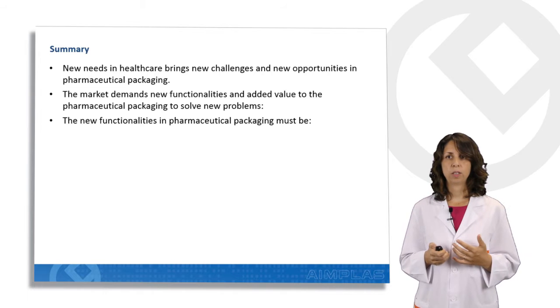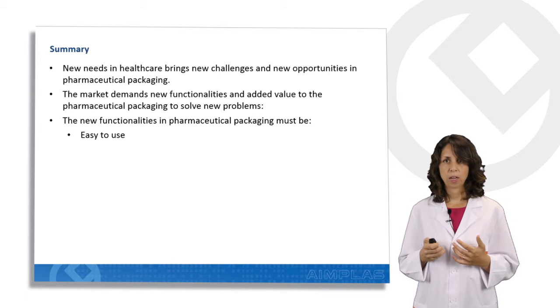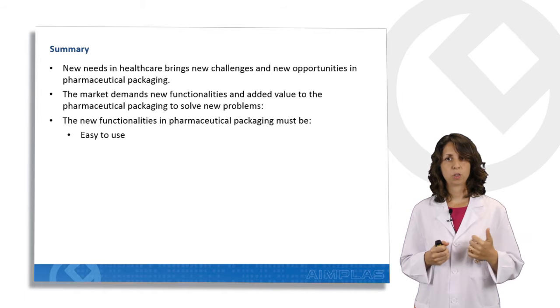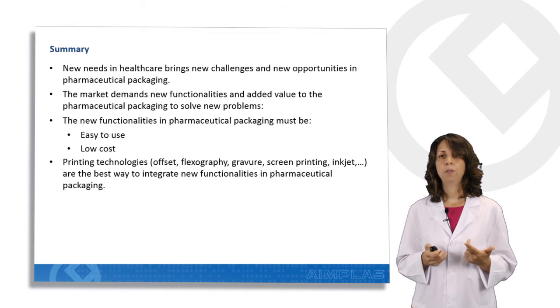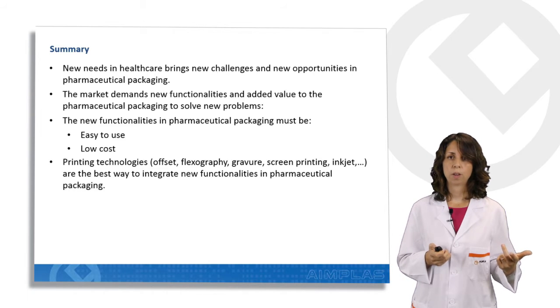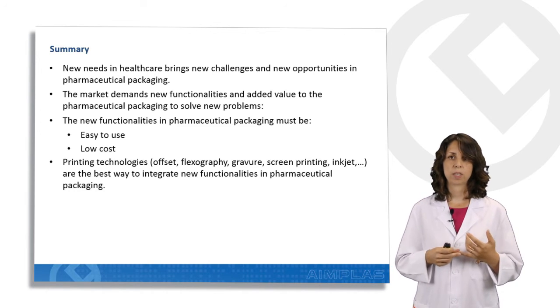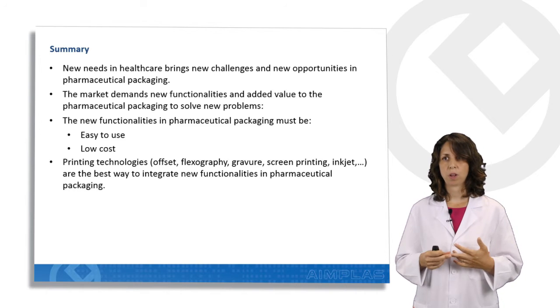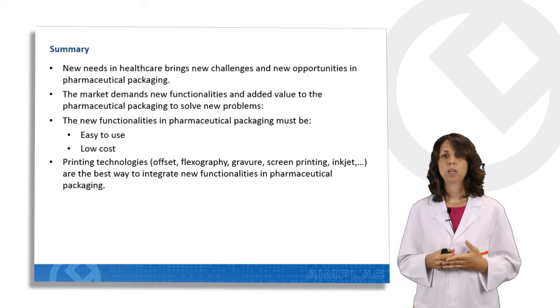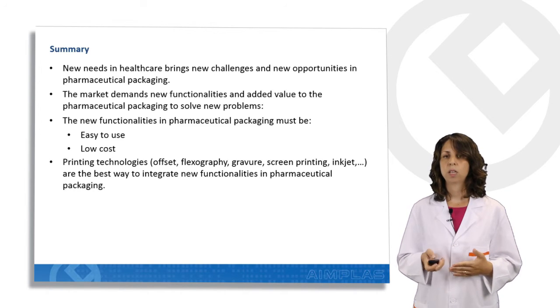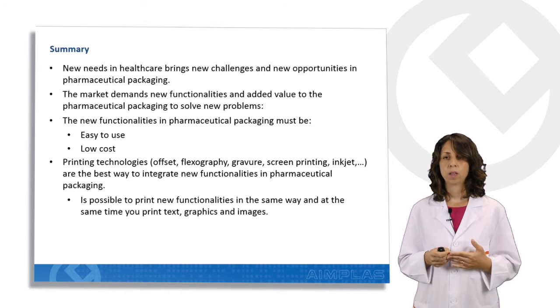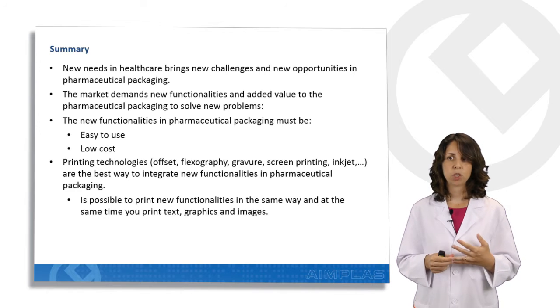And we can consider that these new functionalities have to be easy to use, low cost, and we can consider conventional printing techniques such as offset, flexography, gravure, screen printing, inkjet as the best way to integrate these new functionalities into the packaging. It's possible to print new functionalities in the same way as, and at the same time we print text, images, and graphics.